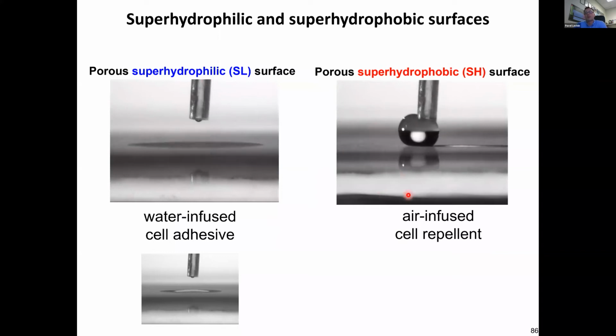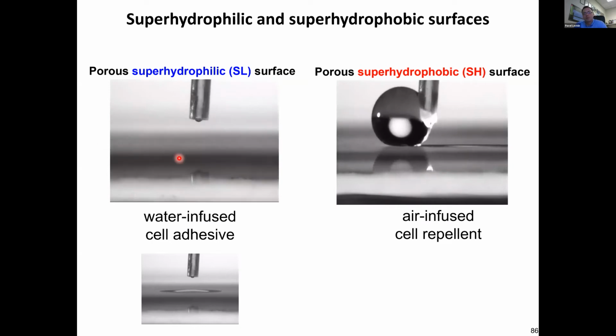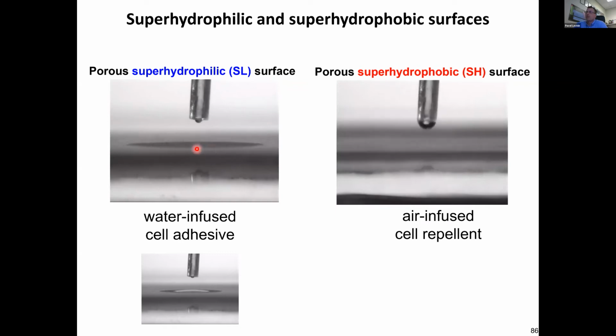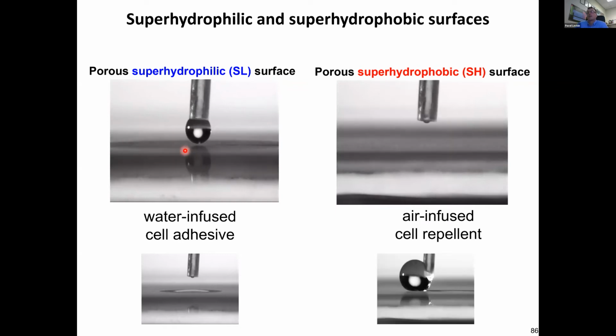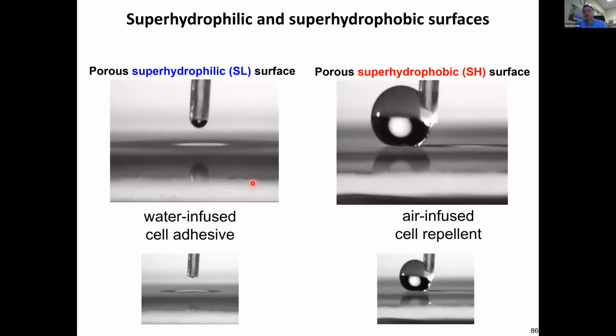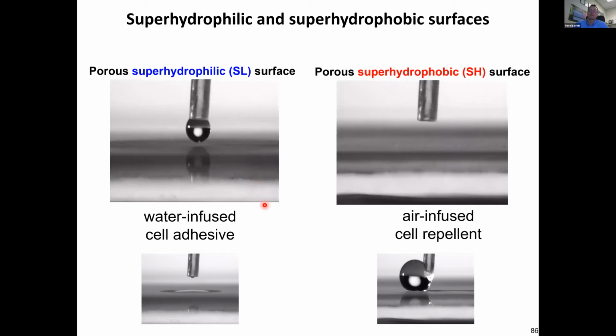So here you can see superhydrophobic surface, extreme water repellency, and this is a superhydrophilic surface, or extremely hydrophilic surface, which is produced by the same method but using hydrophilic chemistry. And both properties, superhydrophobicity and superhydrophilicity, are interesting by themselves. They have a lot of interesting potential applications, different also biological properties.